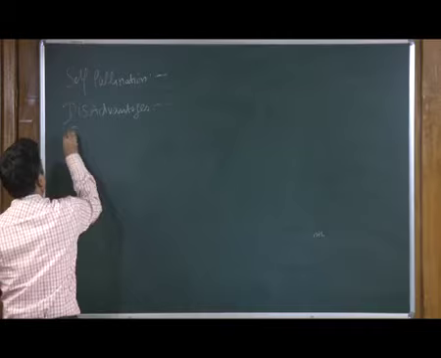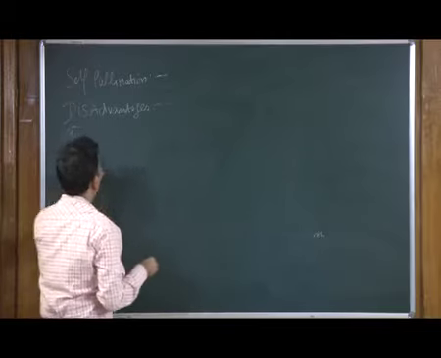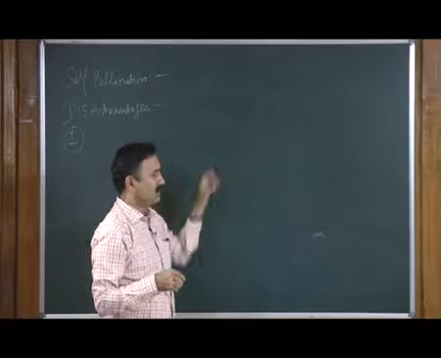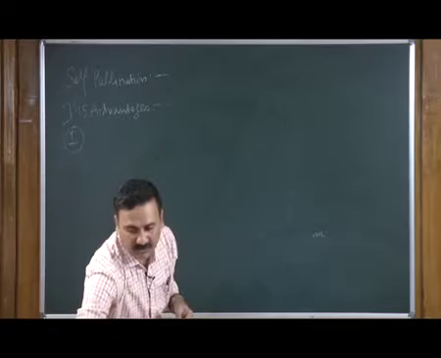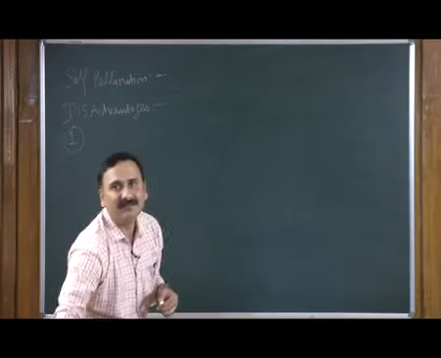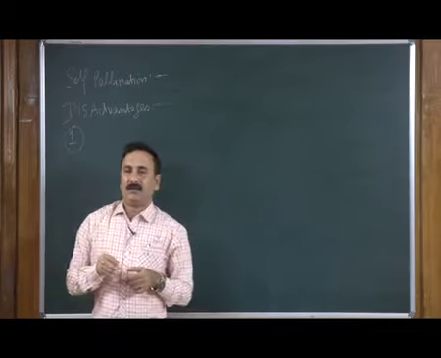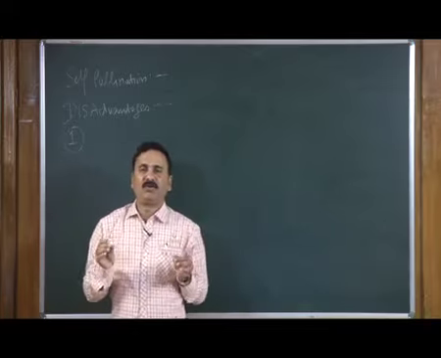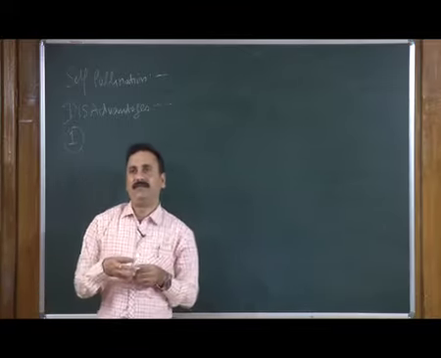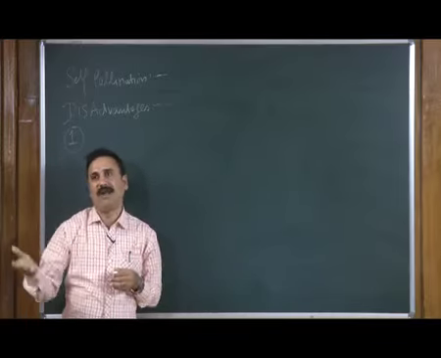Number 1 and the foremost disadvantage of self pollination, which we have anyway discussed, is this: one of the most important advantages of self pollination is that it maintains the purity of the particular species, meaning it does not allow the mixing of the genetic content of other plants.